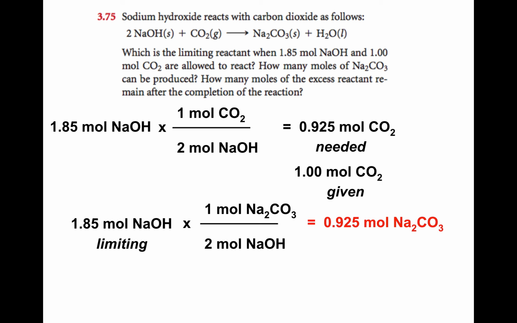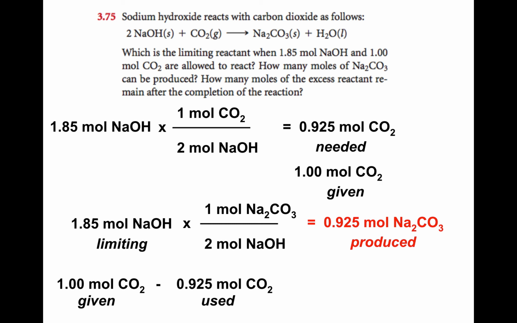And in order to figure out how many moles of the other reactant are left over, take the moles of what you were given and subtract how many moles you used. I needed 0.925 moles of CO2 to burn up that 1.85 moles of sodium hydroxide. So I didn't use it all. I have a little bit left over. So this is what's in excess. And that's how we do limiting reactant problems.